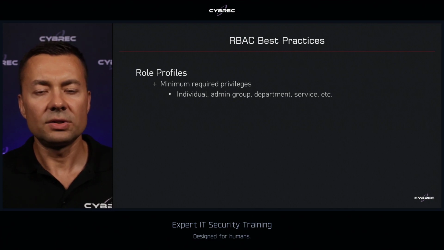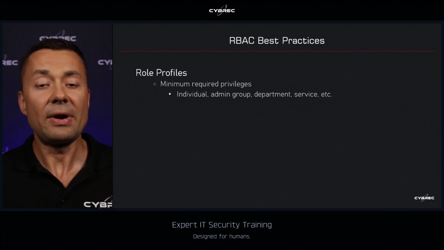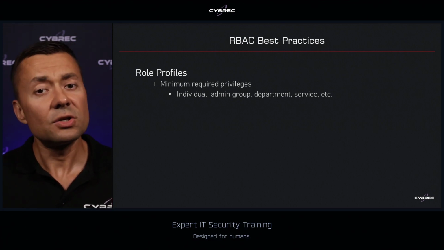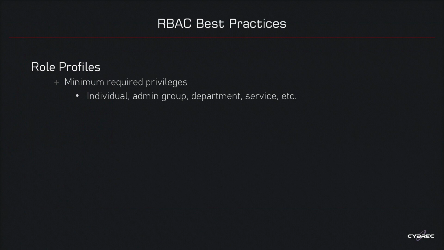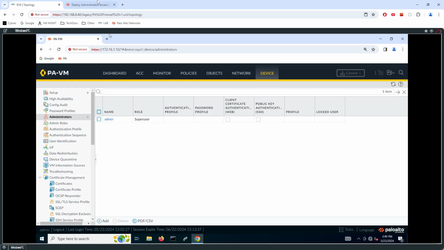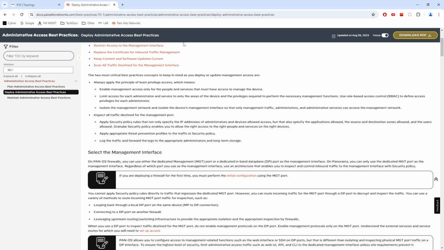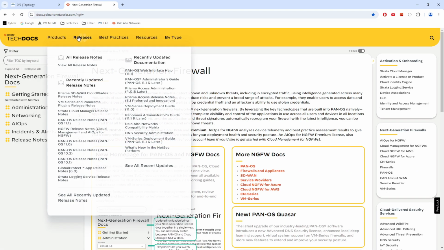The same applies to other concepts, like when you want to perform that breakdown based on departments, maybe locations, or maybe a collection of internal tools that should obtain access through API. Let's also take a look at the documentation for the GUI access. Let's just go back to the main documentation page.